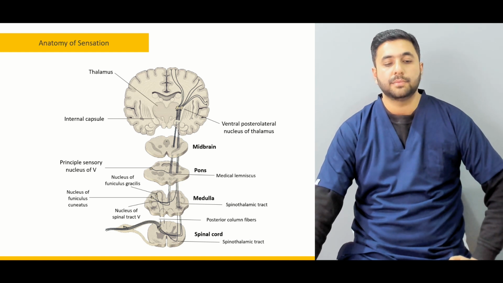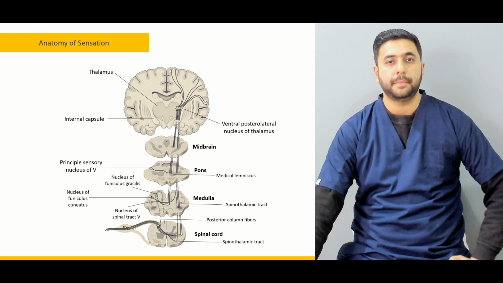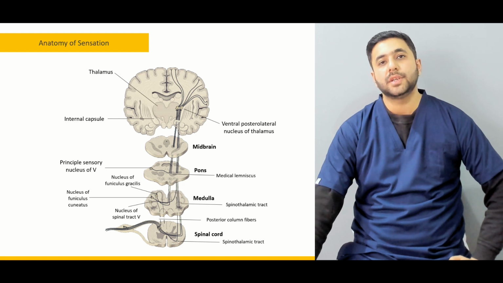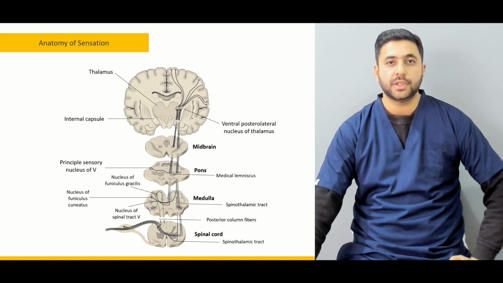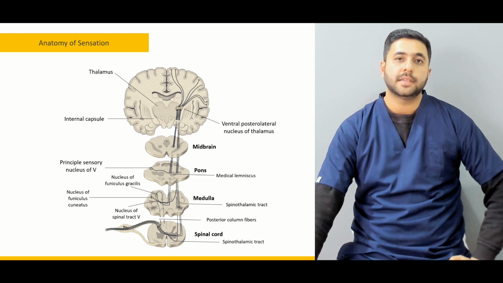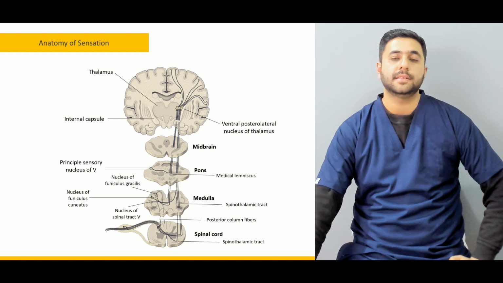These small free nerve endings are present on your skin in abundance, and they sense pain and temperature. The other sensations, which are position sensation, vibration, or two-point discrimination, are generally sensed by the large myelinated receptors or the mechanoreceptors, and these sensations travel in the large myelinated nerves.